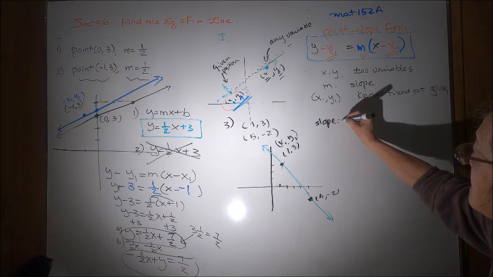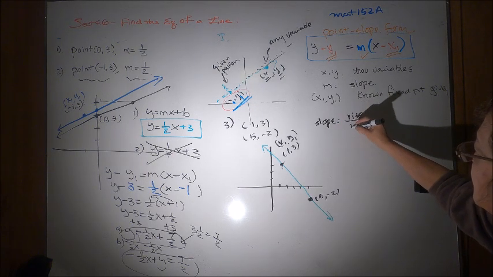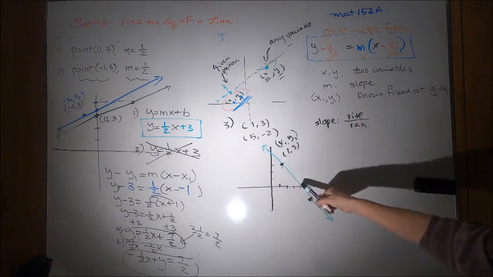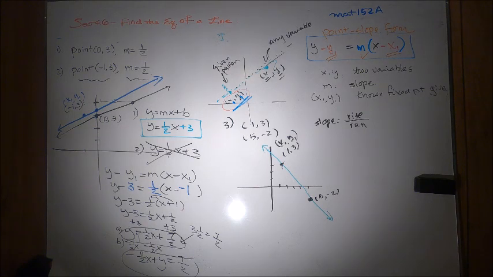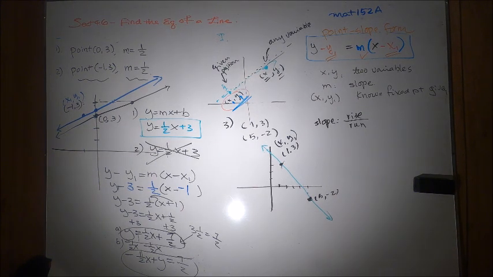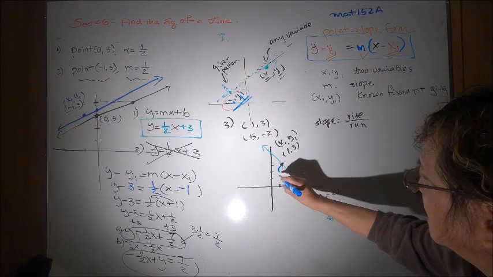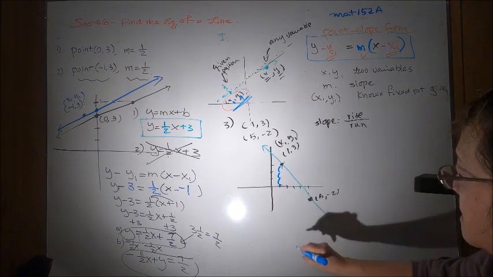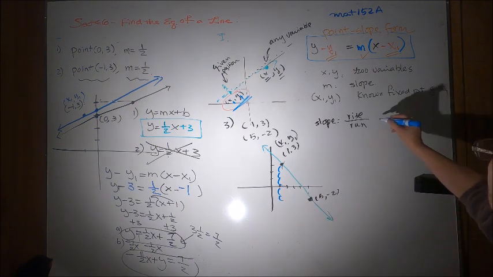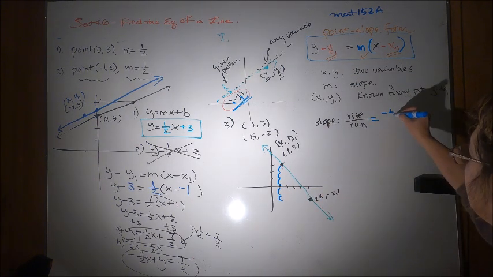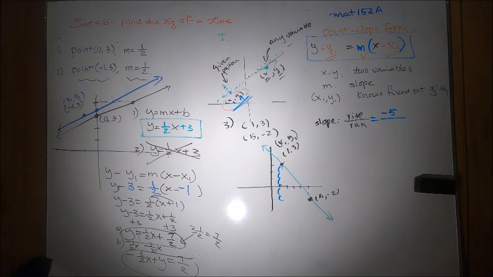We say slope is what? Slope is the rise over run. So this slope is positive or negative? Going down is what? Negative. Then you can just count it, right? Rise is what? 1, 2, 3, 4, 5. So it's going down, so you have -5, right?